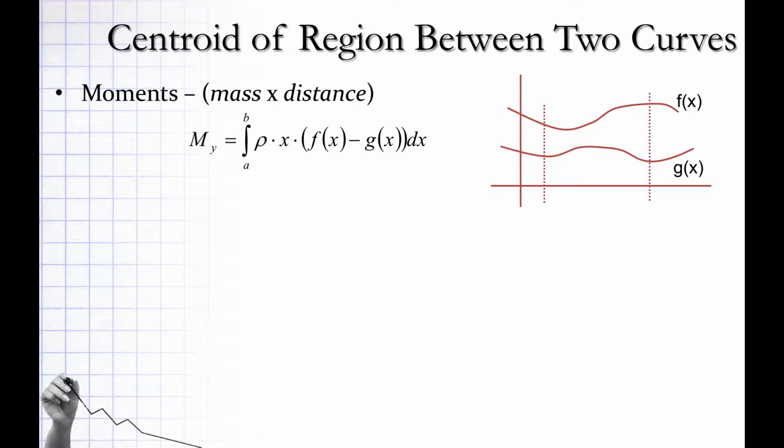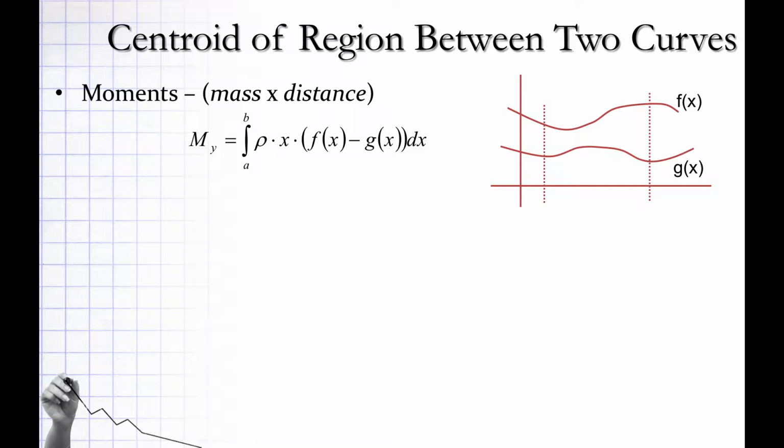Do you agree? So x is the distance from the y-axis. Density times height, that's your area times density to give you mass. That one's nice to remember.